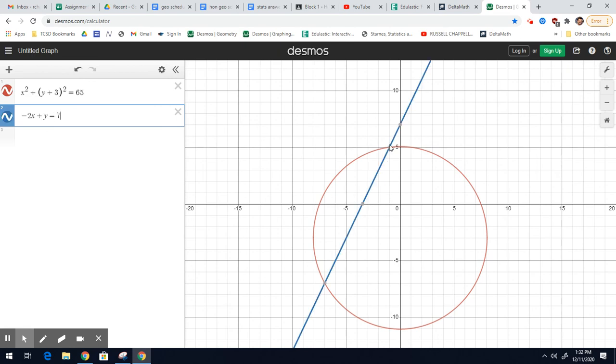There's your line. And now look, one of the intersection points right there is (-1, 5). The other one is (-7, -7). So in this situation, there were two solutions. This is a secant line going through a circle. Sometimes you can have a tangent line, meaning only one point intersects the circle. And at other times, you could have no solutions.